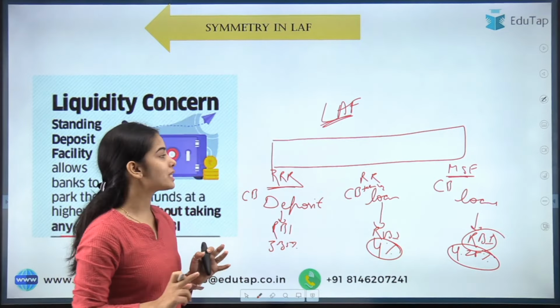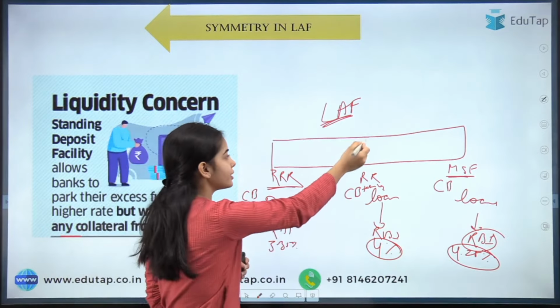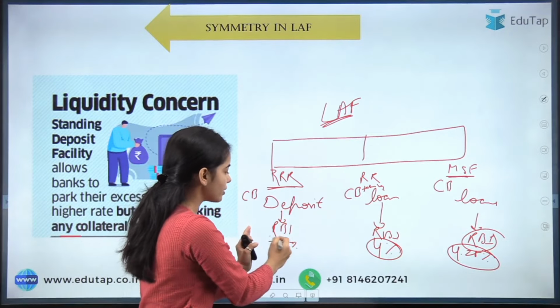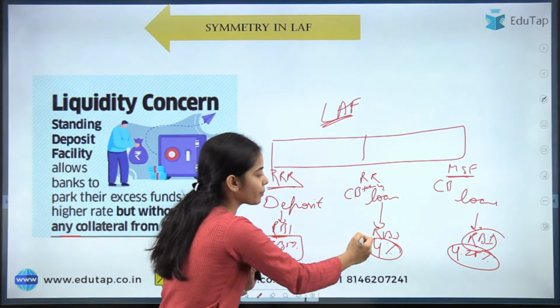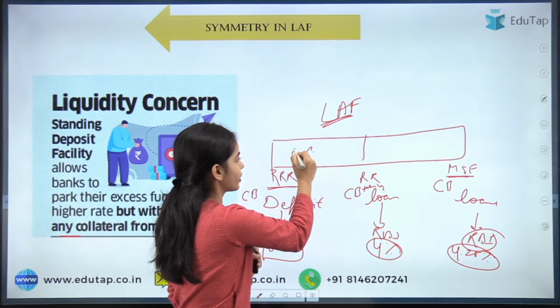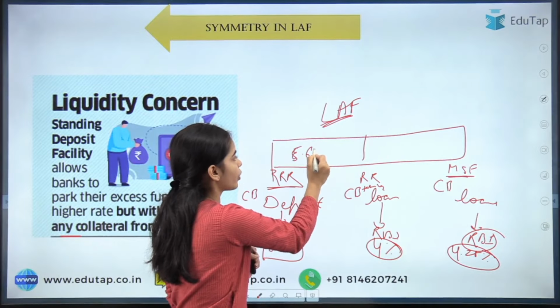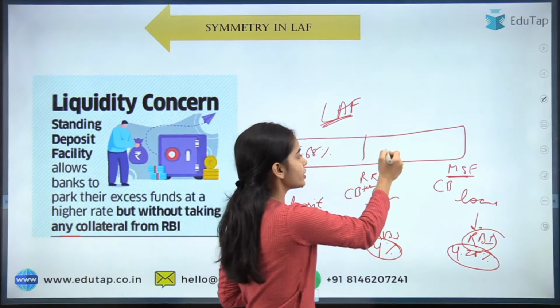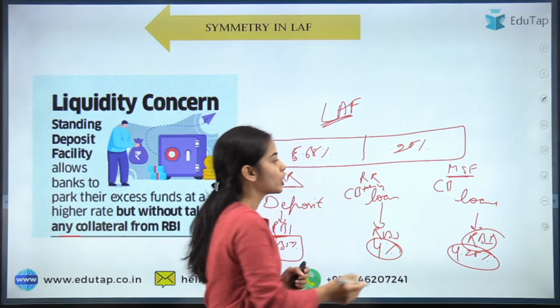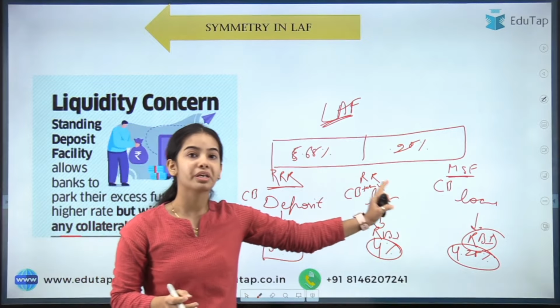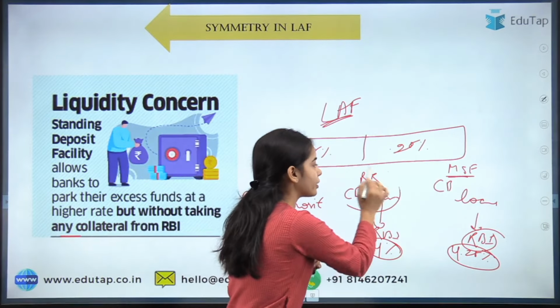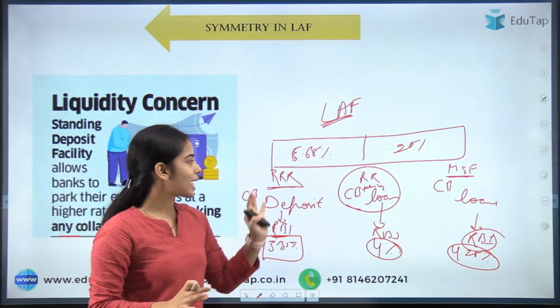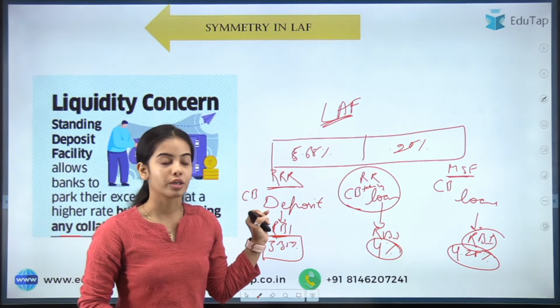Now here you can see that there is no symmetry. The difference between the reverse repo rate and repo rate is 0.65 percentage points, and the difference between the repo rate and MSF is 0.25%. So you can understand that there is no symmetry: if the repo rate moves, we do not know whether the reverse repo rate will move or not.